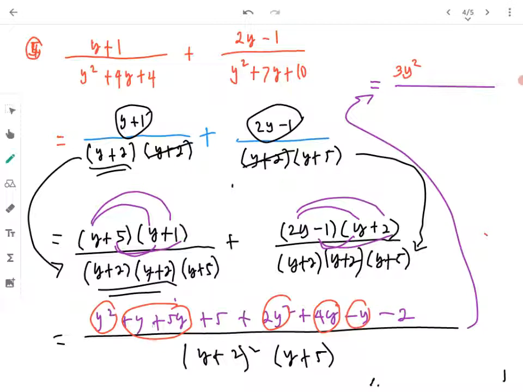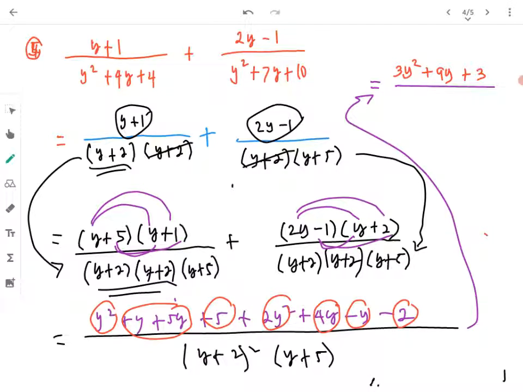So from 6y plus 4y, that's 10y, then minus y, that becomes 9y. Plus, not minus. And we have 5 and 2, that is minus 2, that's 3, plus 3.